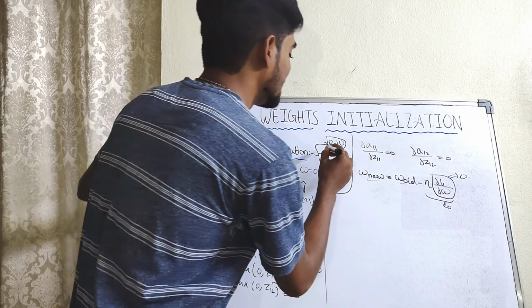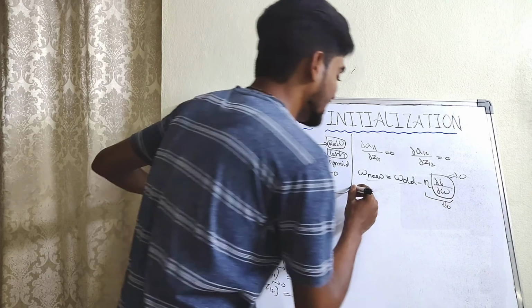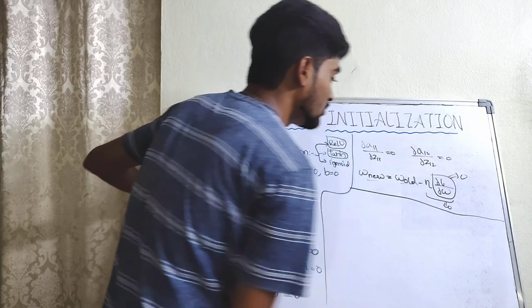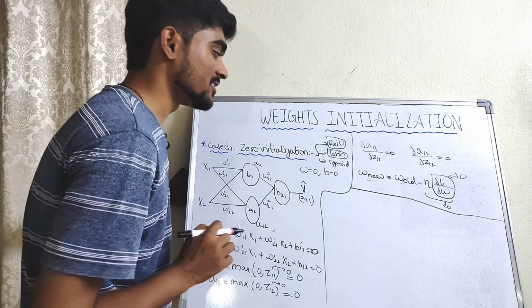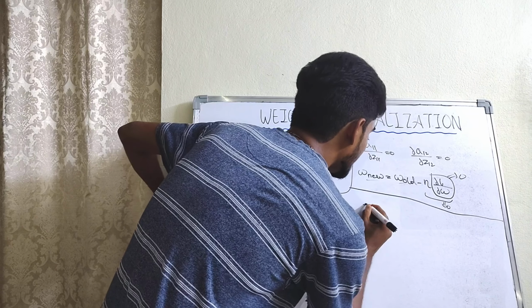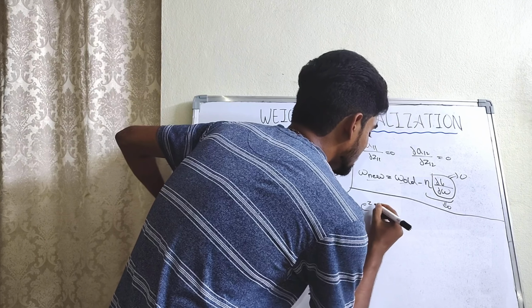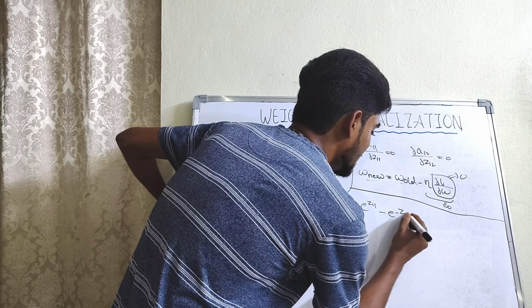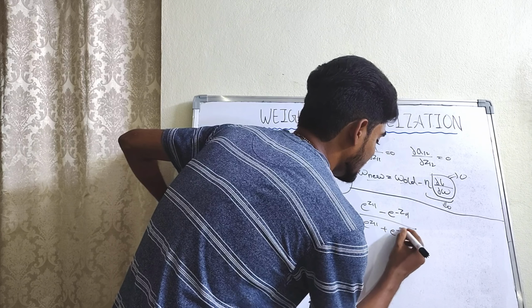Now let's discuss the tanh activation function. The tanh activation function also behaves similar to relu activation function. The only change is the formula. In tanh activation function, we have e power z11 minus e power minus z11 by e power z11 plus e power minus z11.